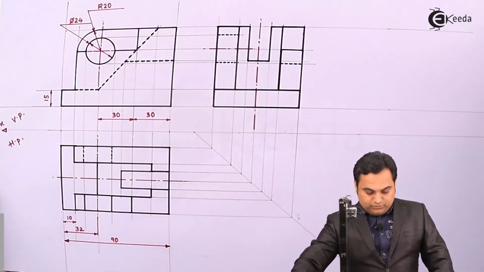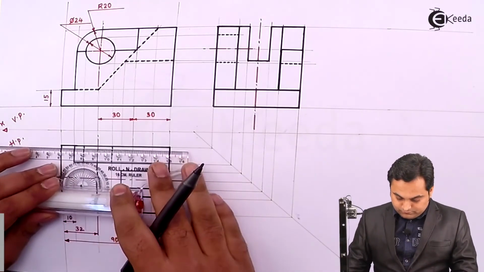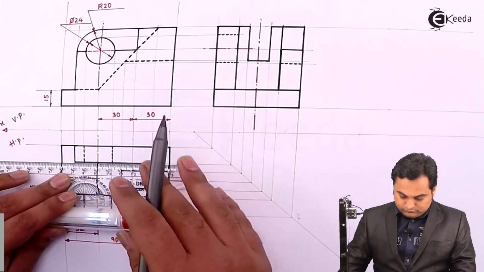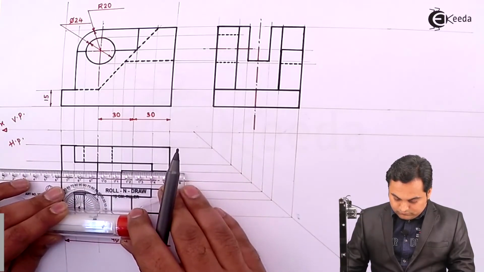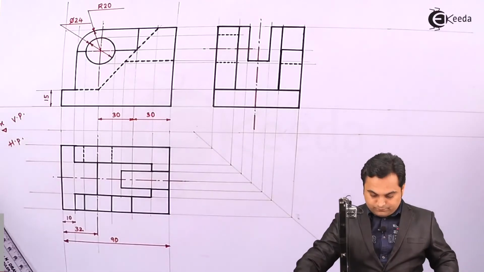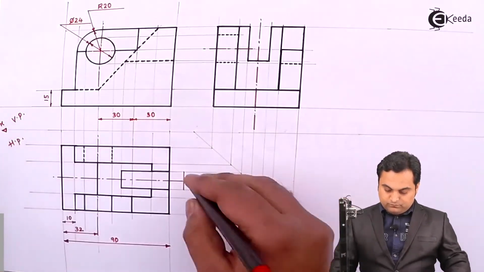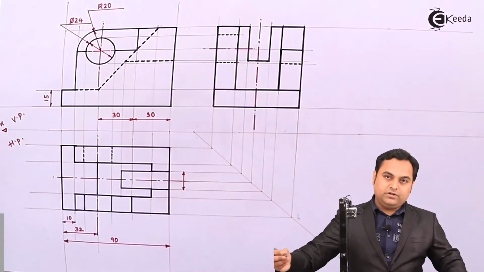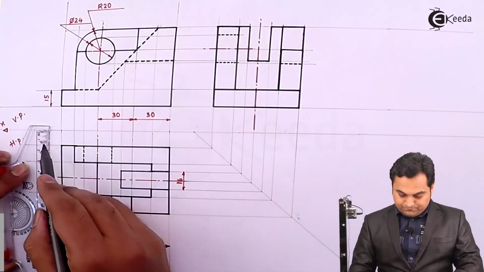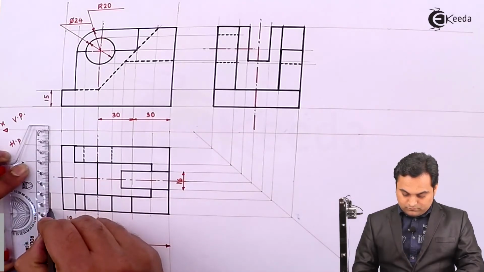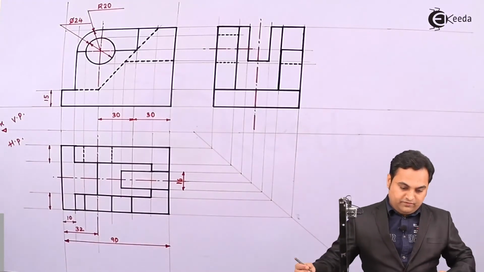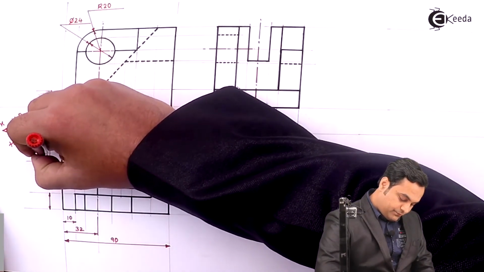90 mm is the total length. This cut is of 16 mm width, with 15 mm on both sides.